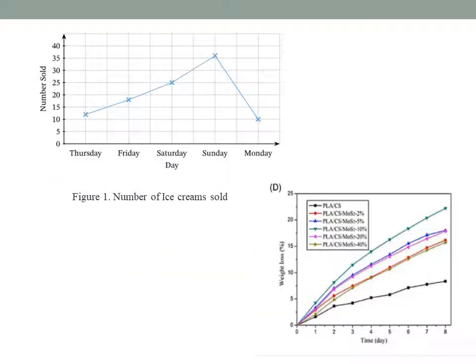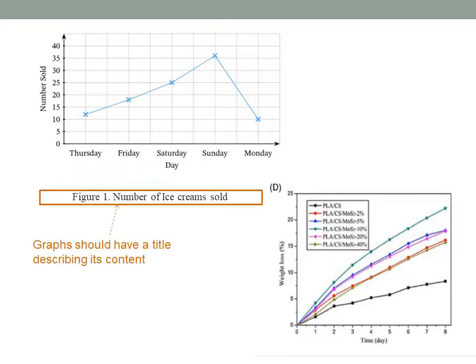Usually the x-axis, or abscissa, represents the independent variable, and the y-axis, the vertical axis or ordinate, represents the dependent variable. The intersect, not intercept, of the x and y axes is at the zero point. Now this is an example of a graph that you can put in the thesis. When you insert graphs, similar to tables, you should always have a title describing its contents.